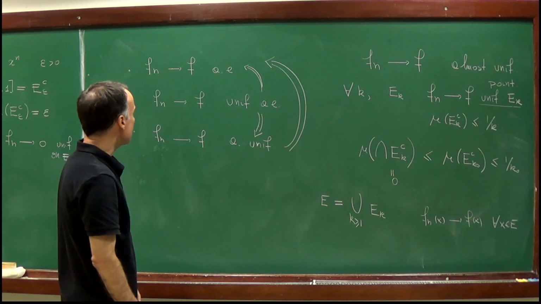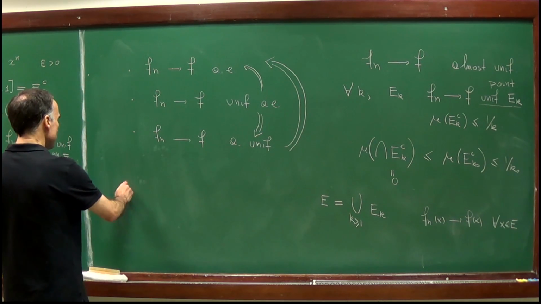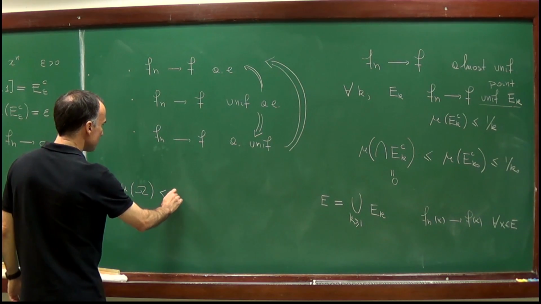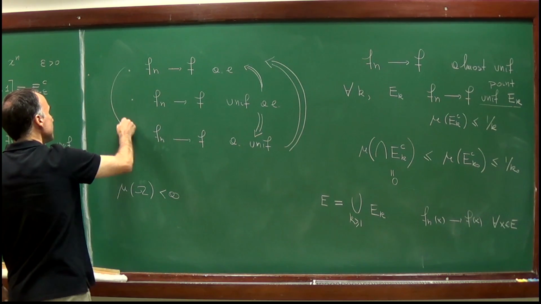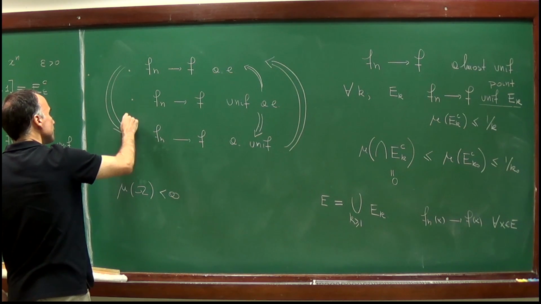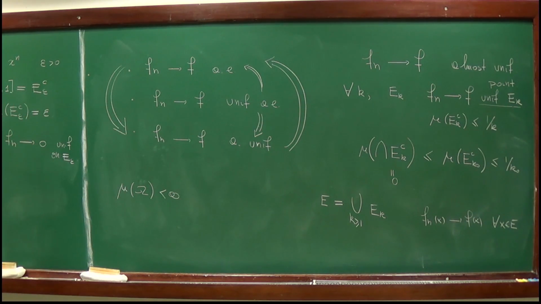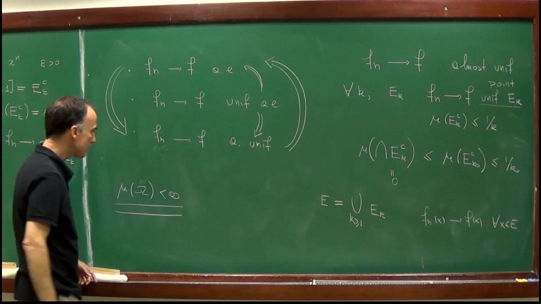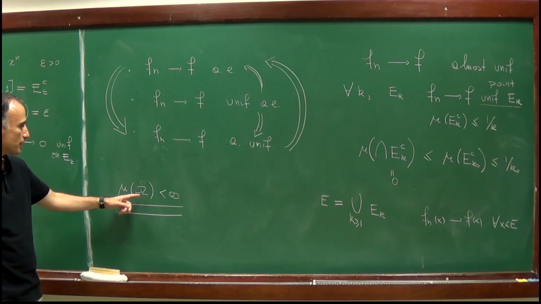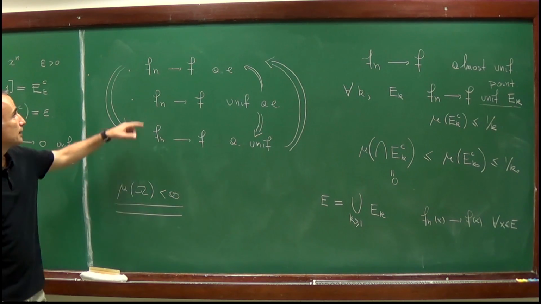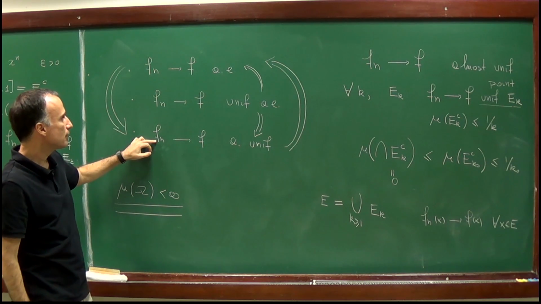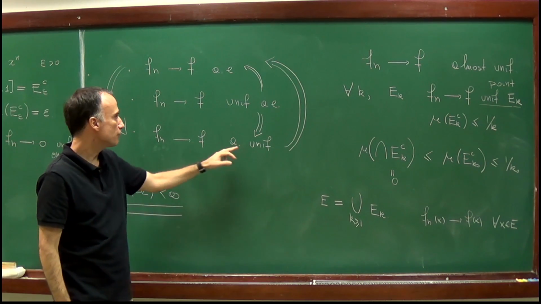What is surprising is that if the measure of our set omega is finite, then the converse statement also holds. And this is what I want to prove. So what I want to prove is that if now we assume that the set omega has finite measure, then almost sure convergence implies almost uniform convergence.